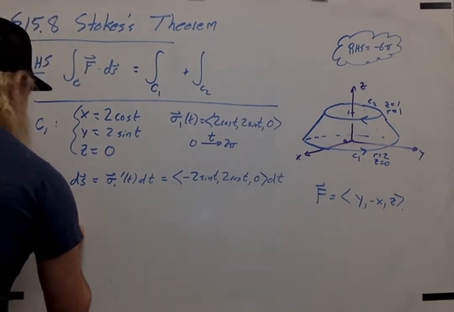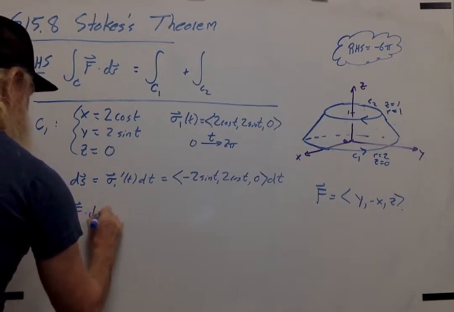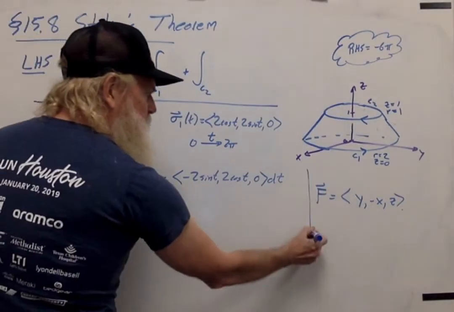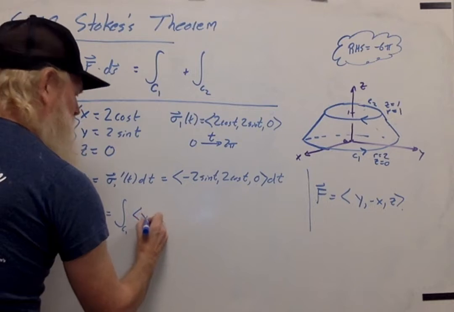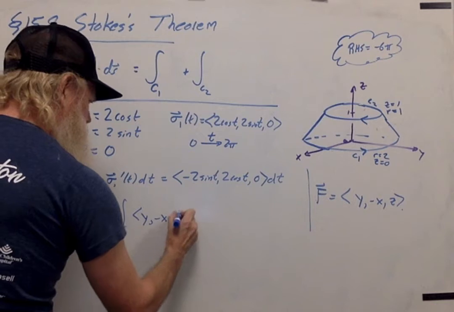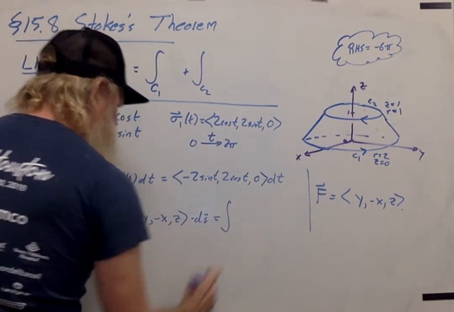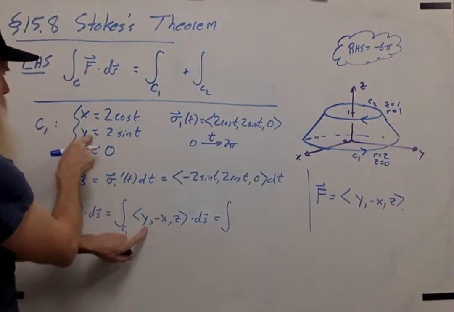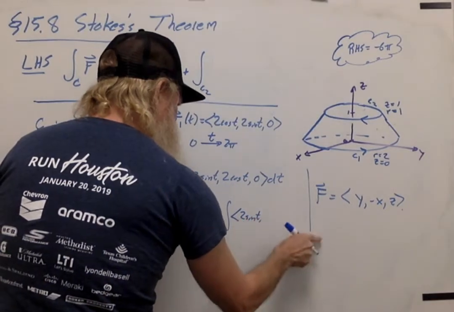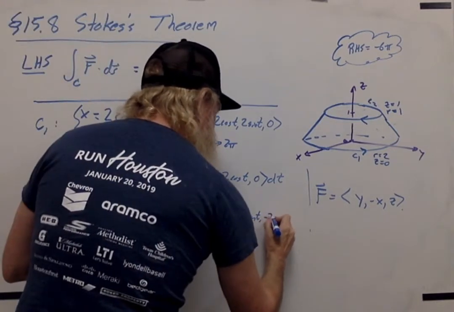So now let's figure out what the integral along C1 of F dotted with ds is going to be. Remember the vector field we're using is y, negative x, and z. In our parameterization, y is 2 sine t. Negative x will be negative 2 cosine t.